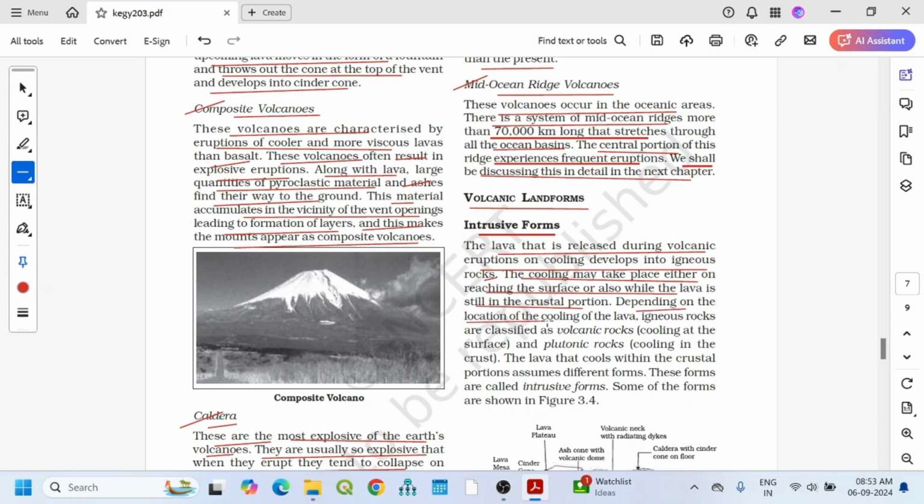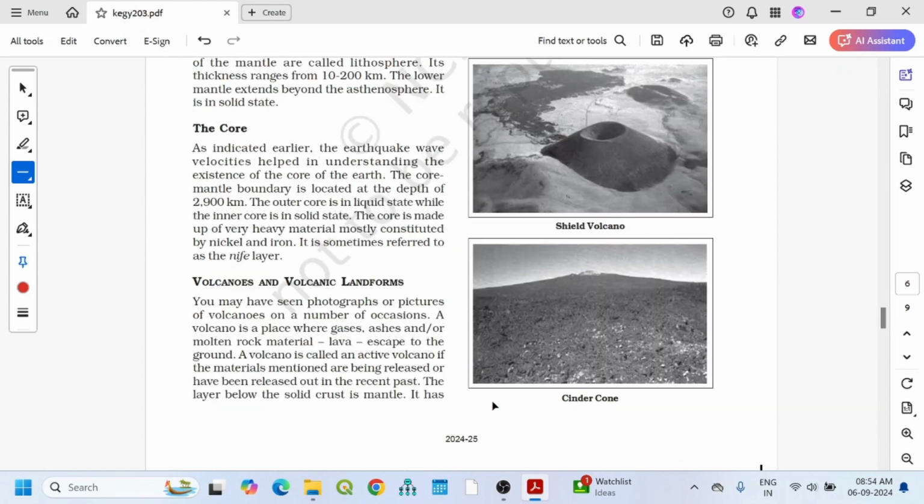Depending on the location of the cooling of the lava, igneous rocks are classified as volcanic rocks, that is, cooling at the surface, and plutonic rocks, that is, cooling in the crust. The lava that cools within the crustal portions assumes different forms. These forms are called intrusive forms. Some of the forms are shown in these figures.